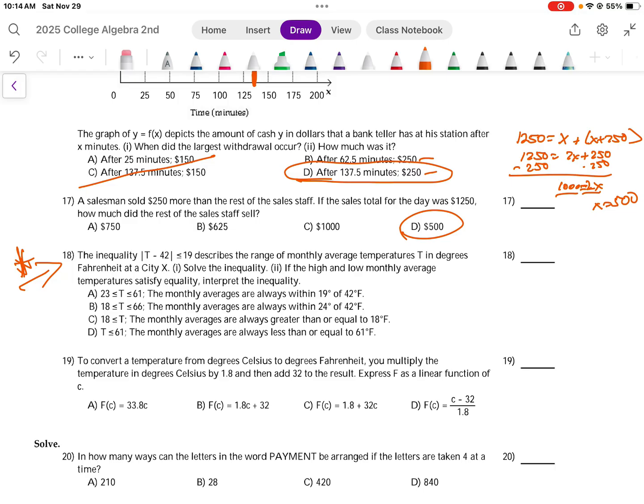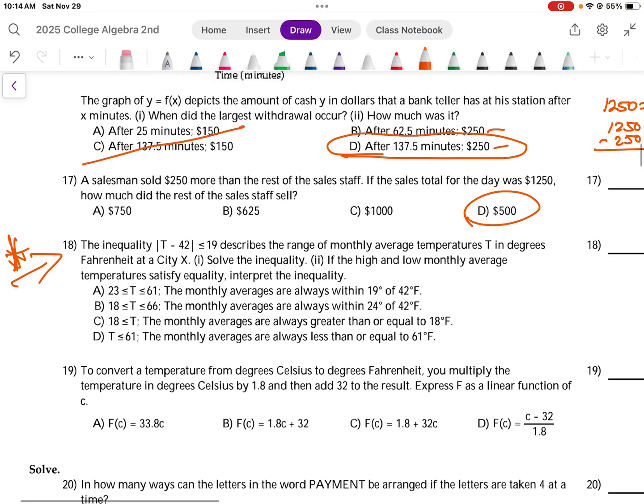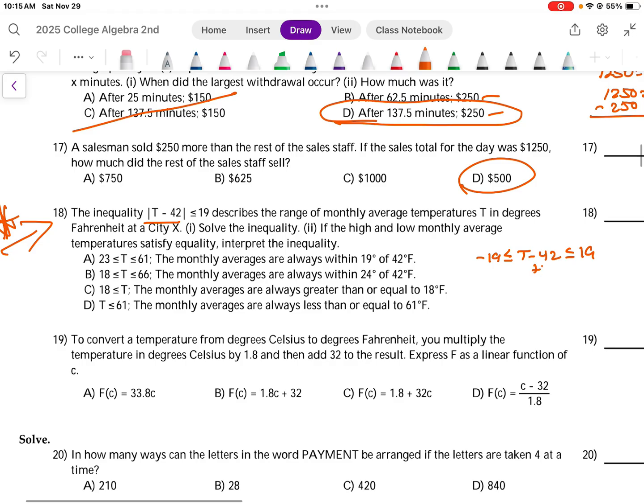They want us to go again, do the same thing, find the inequality there. Again, I can set it up the same way. Since it's less than or equal to 19, that means I can do the negative 19 is less than or equal to the stuff in the middle, less than or equal to the positive 19. That's how I can set it up. And then we would add the 42 out of the middle.